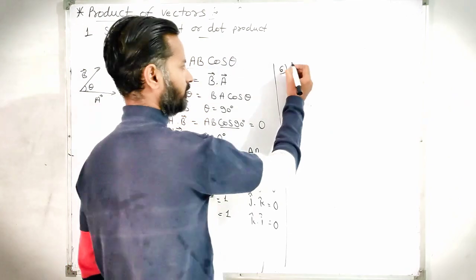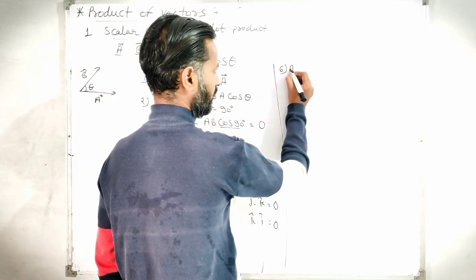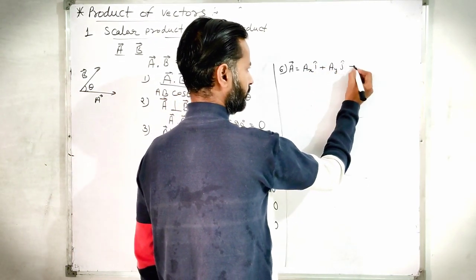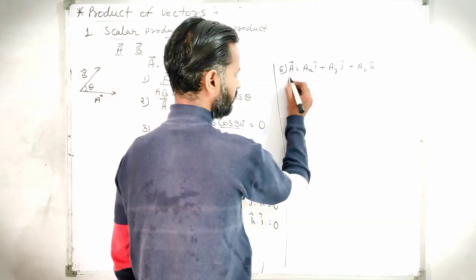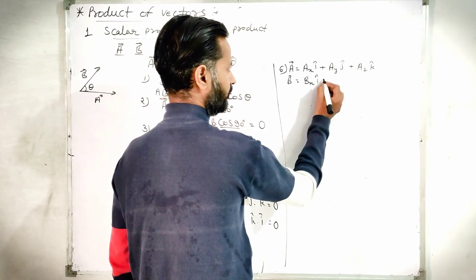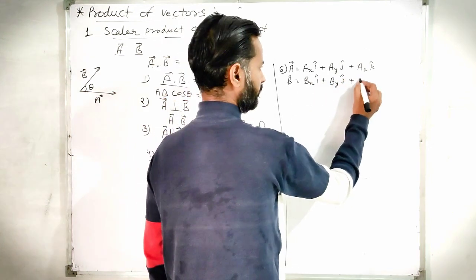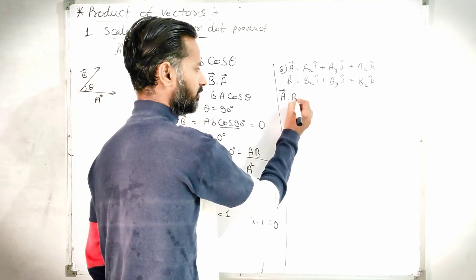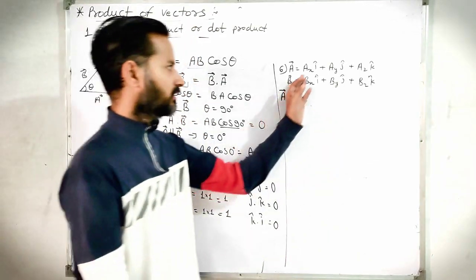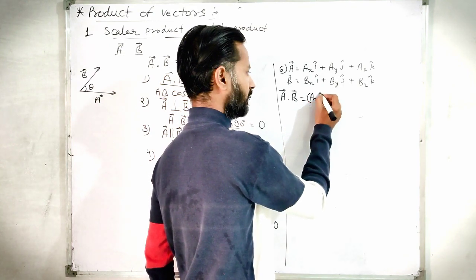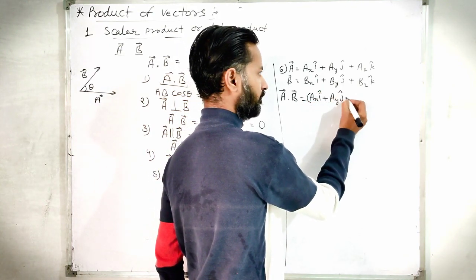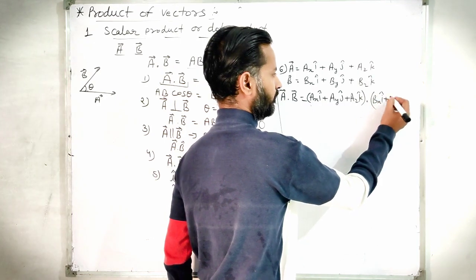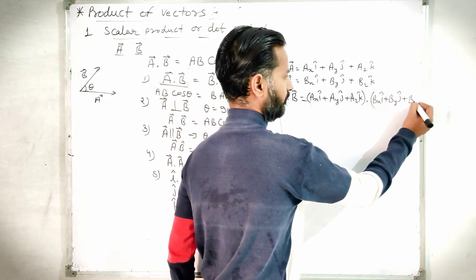Let we have a vector A equal Ax i cap, Ay j cap, Az k cap, and B vector is Bx i cap, By j cap, Bz k cap, and we want to find A dot B. Just write the value of A vector, Ax i cap, Ay j cap, Az k cap, dot product of Bx i cap, By j cap, Bz k cap.